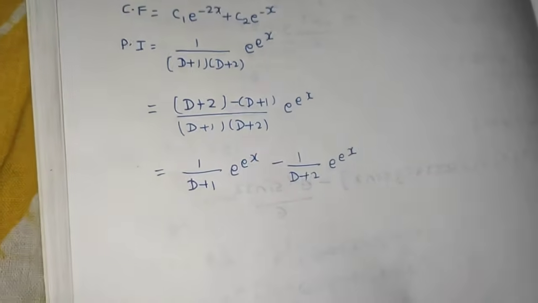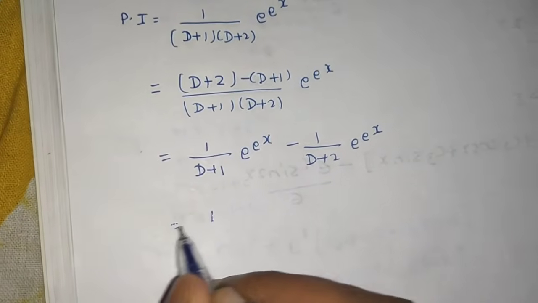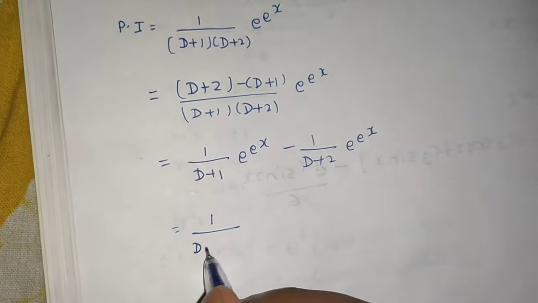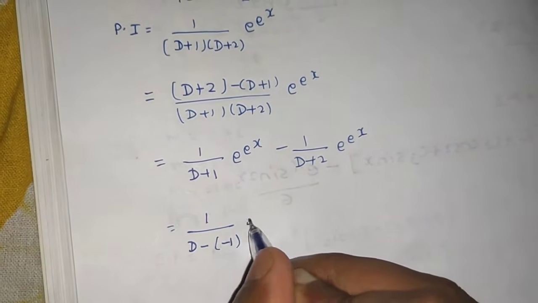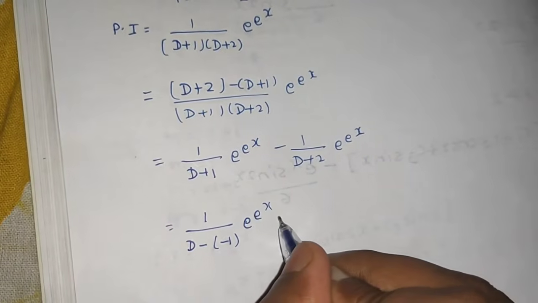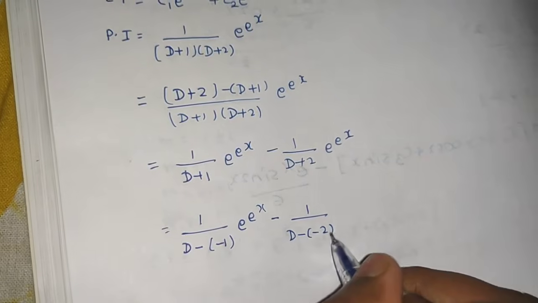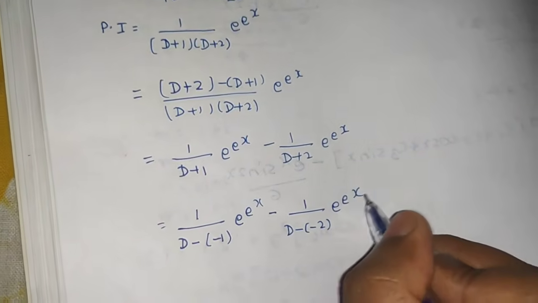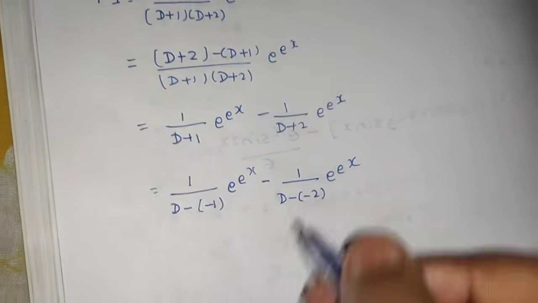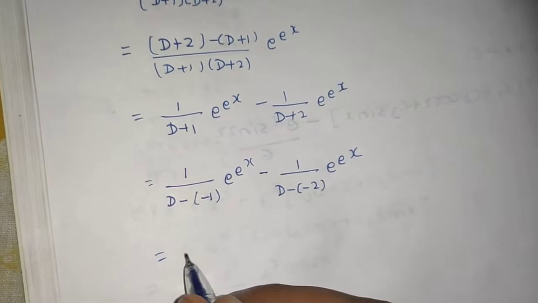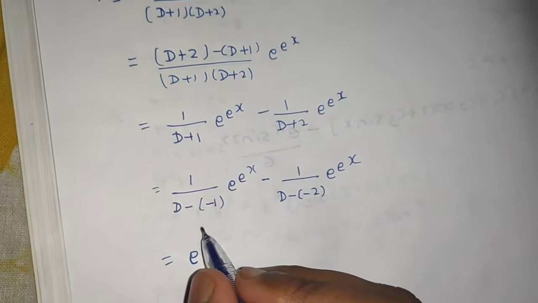Now we'll use the rule. This can be written as 1 upon D minus (minus 1) operating on e power x, minus 1 upon D minus (minus 2) operating on e power x. So 1 upon D minus alpha gives e power alpha x.